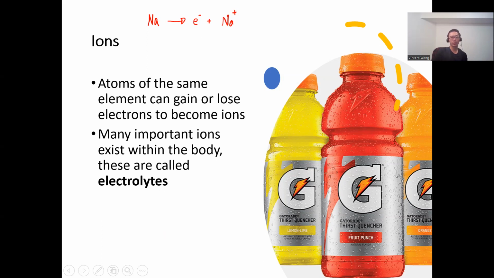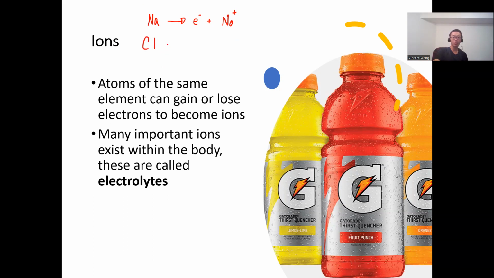So when you look at your sport drinks and they say they have sodium in it, they are not talking about the elemental sodium. They are talking about the ion form. Ion means it has either gained or lost electrons. Same thing, we need chloride in our system. So what is chloride?